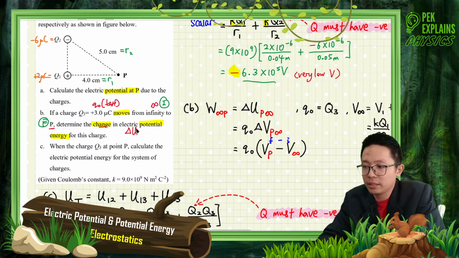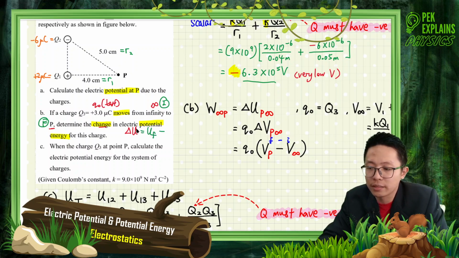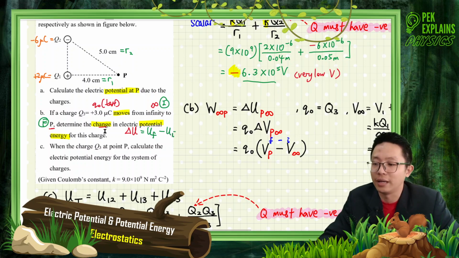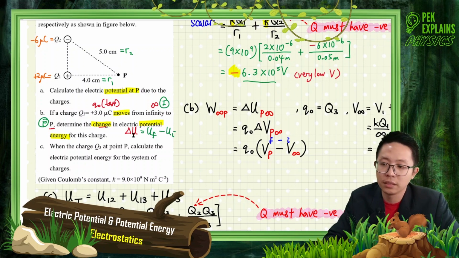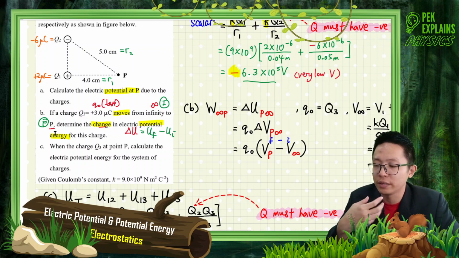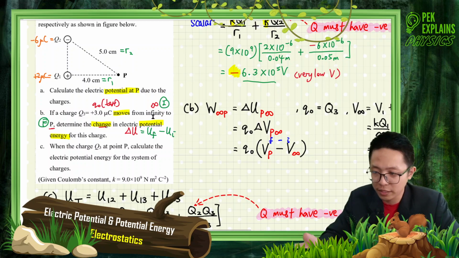Remember, if you want to find the change, the increase or decrease of something, we always take final minus initial. So our final is P. Our initial is infinity.